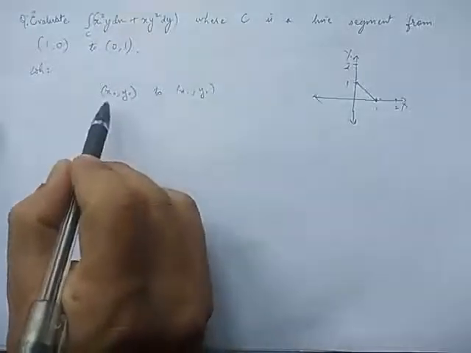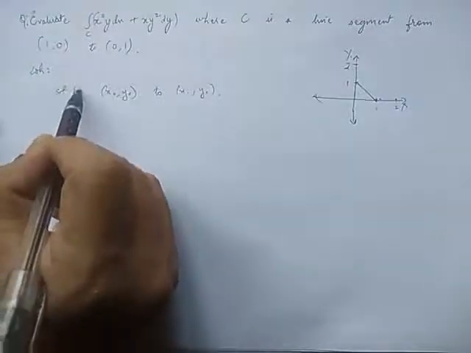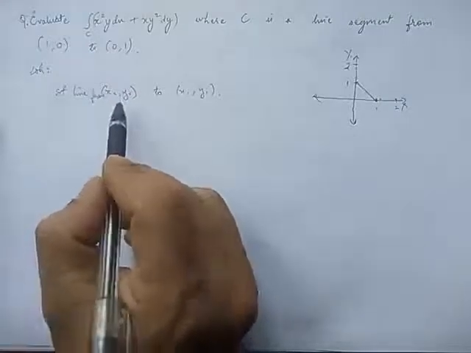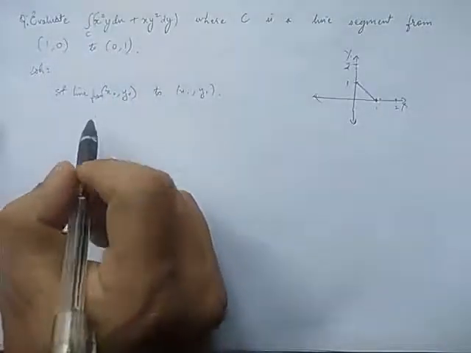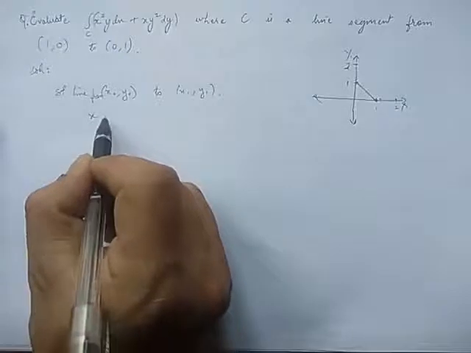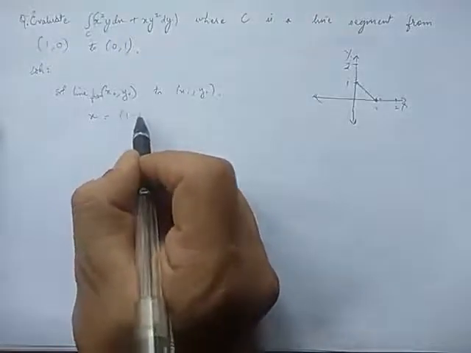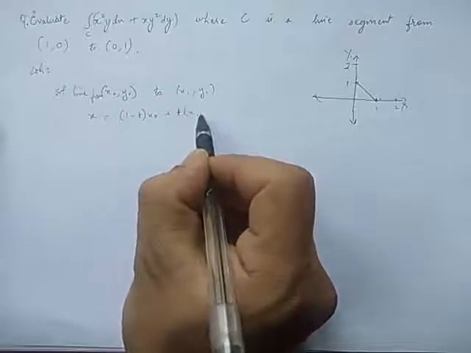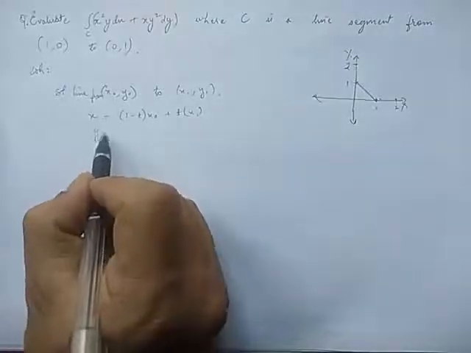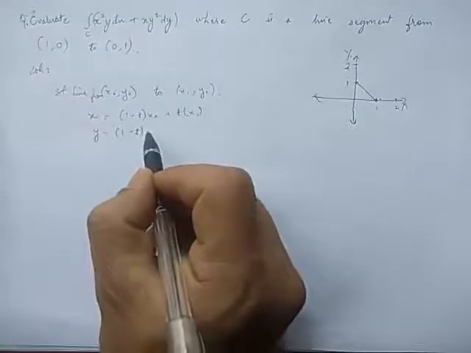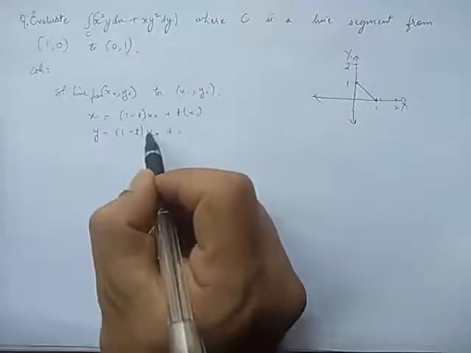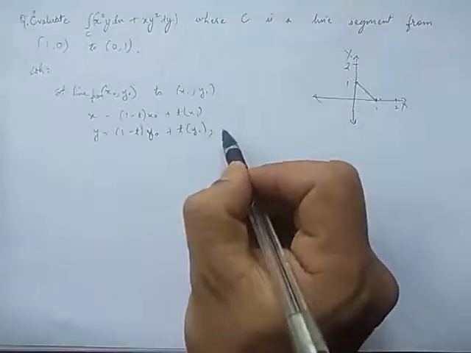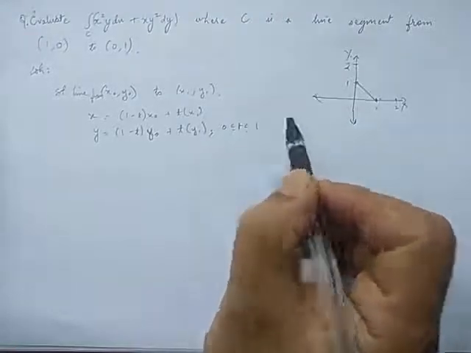Then a straight line from this point to this point can be parameterized with x as (1 minus t) times x0 plus t times x1, and y as (1 minus t) times y0 plus t times y1, where t varies from 0 to 1.